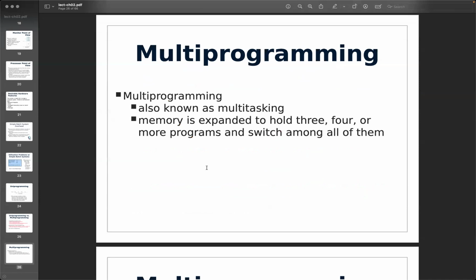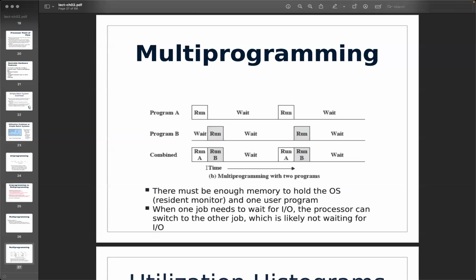Multiprogramming is what we need to learn, and we mainly focus on how to take care of multitasking. When we have multiple programs and processes, how does the OS handle them? Because the memory can hold all the different programs, how can we assign them? This is what we are going to study.